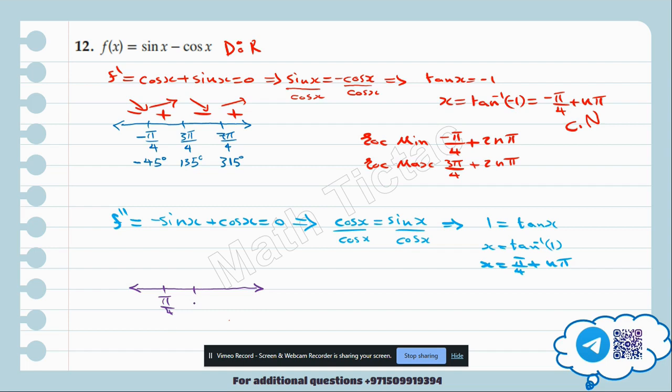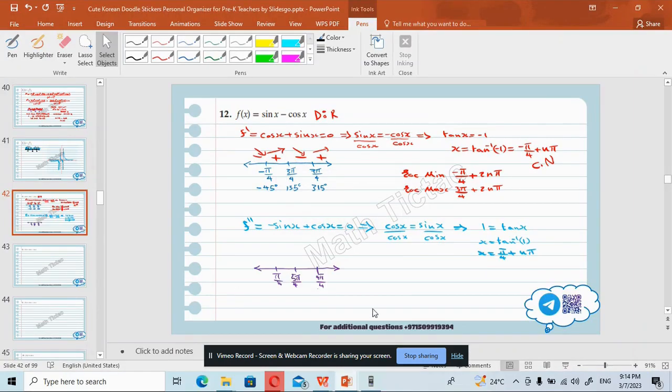Pi over 4 plus pi, which is plus 4 pi over 4, is equal to 5 pi over 4, plus pi, which is equal to 9 pi over 4. If I continue, I will not be finished. There is no end actually, because this is a periodic function. Whatever. So let's substitute values to know just the signs.